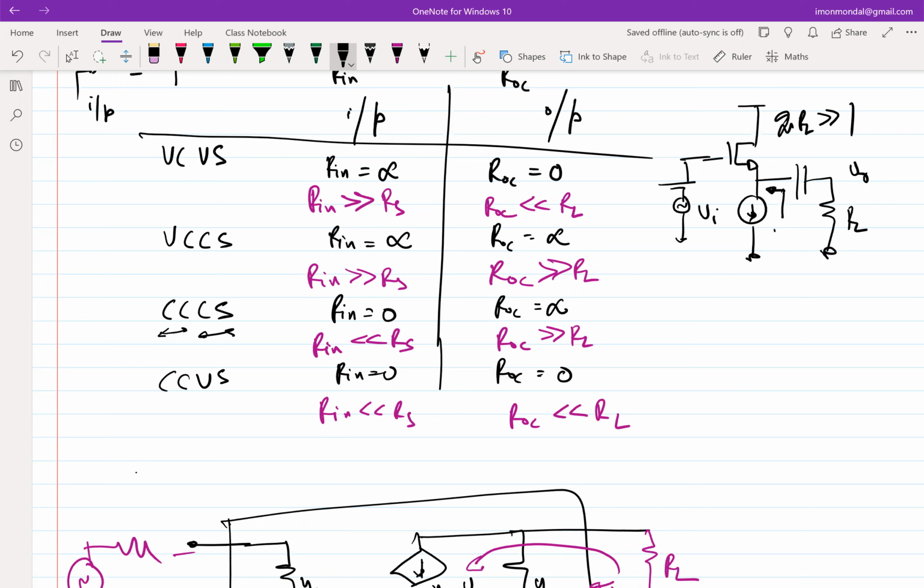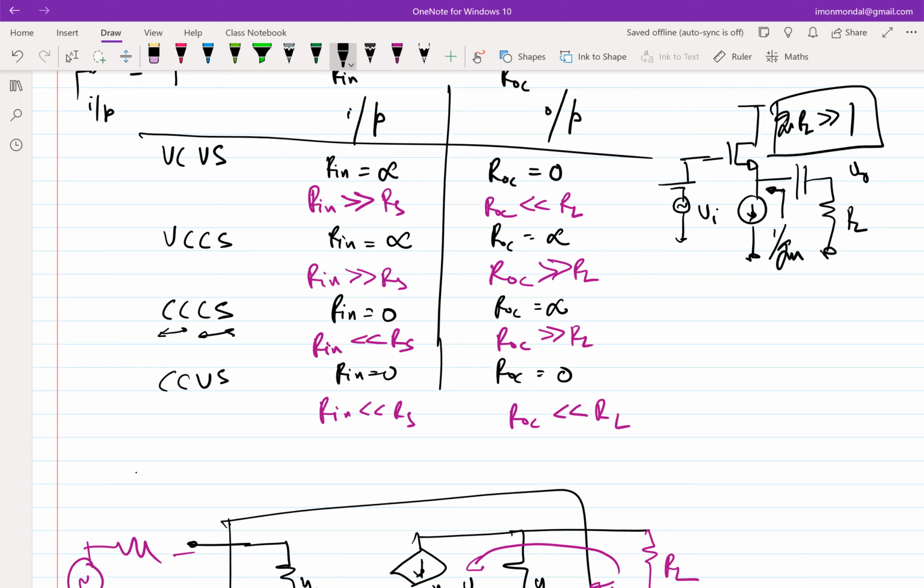So if you can ensure that 1 over GM is much less than RL, what are you ensuring? Its voltage will be constant, approximately equal to VI. And that's what the math told us, which means that this is a voltage controlled voltage source.